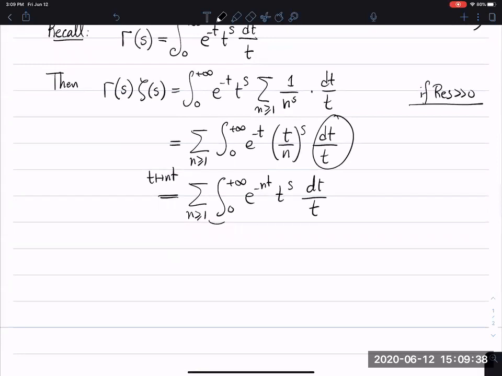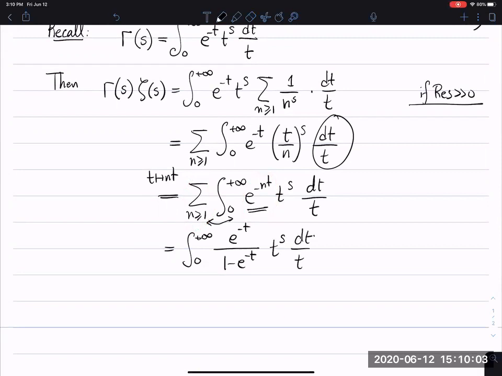Now I can swap back and we see that it's a geometric series. So I get the integral from 0 to infinity of e to the negative t over 1 minus e to the negative t, that's the geometric series here, and I have t to the s, dt over t.